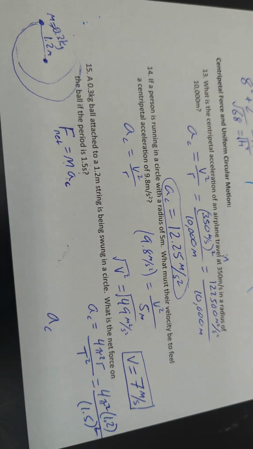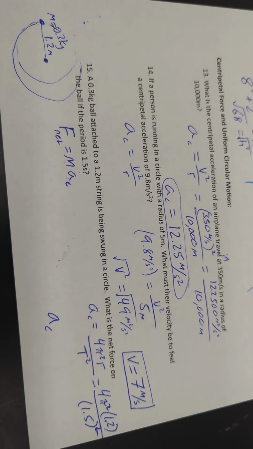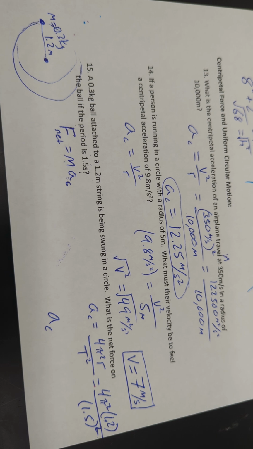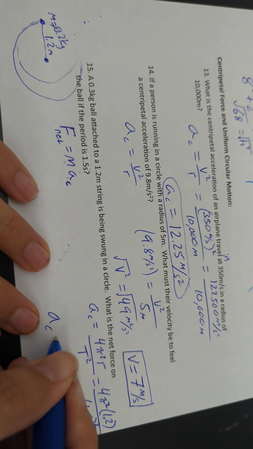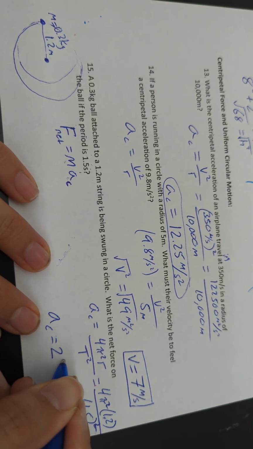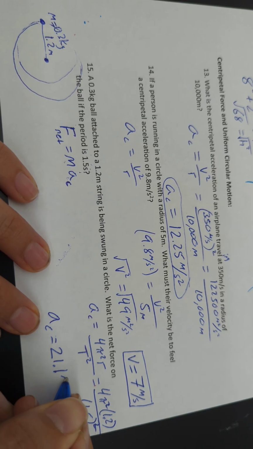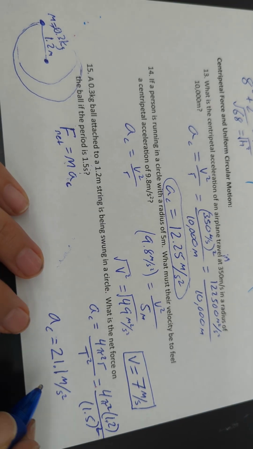Plug all that in your calculator and we'll get a nice number here. 1 second. 4 times pi squared times 1.2, and then we are going to divide that by 1.5 squared, and that should give us about 21.1 meters per second squared.